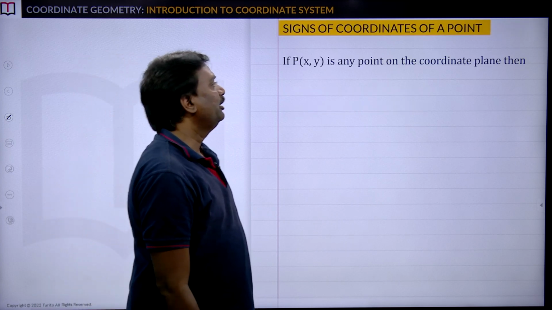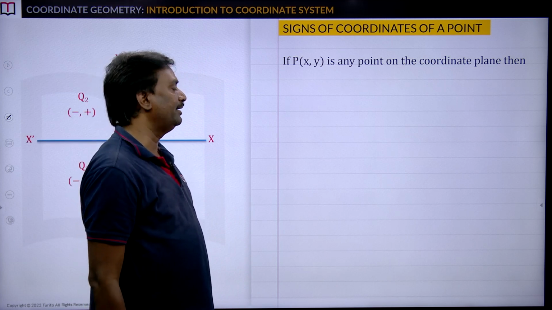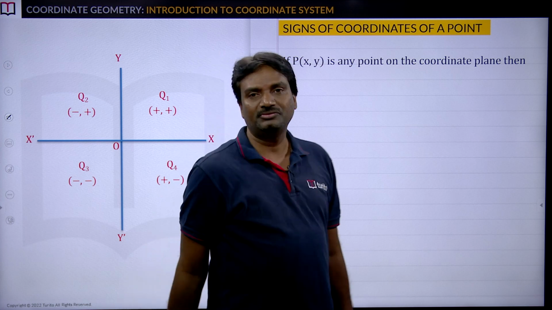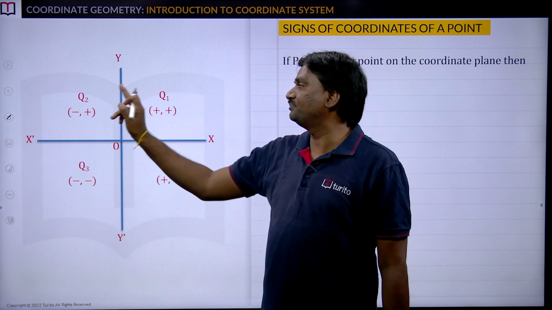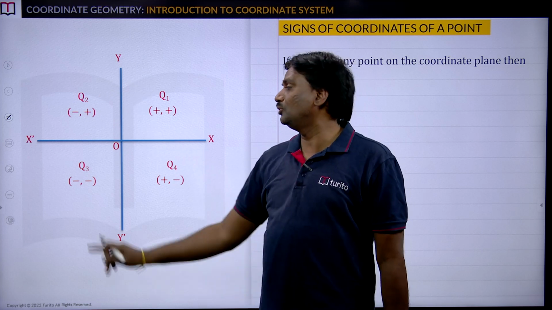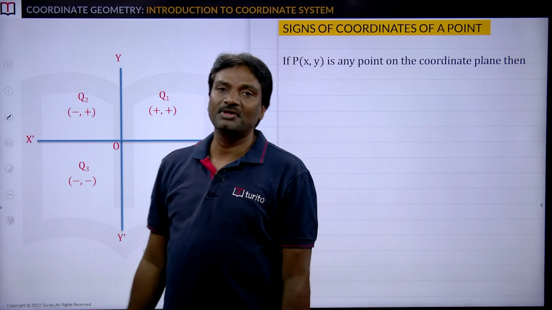Next, if P(x, y) is any point on the coordinate plane, this is the coordinate plane, and 4 quadrants are there. This is the first quadrant Q1, this is the second quadrant Q2, this is the third quadrant Q3, and this is the fourth quadrant Q4.